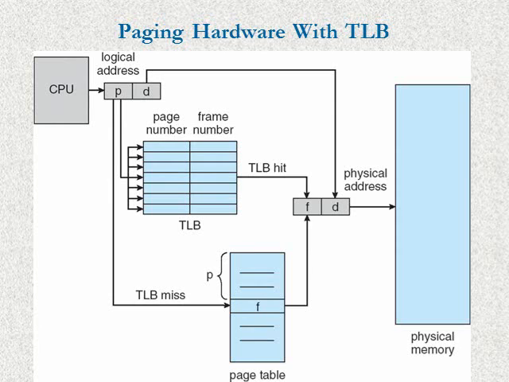So now we have both of these cases. In the form of TLB hit, we will get an additional advantage, and in the case of TLB miss, we have some drawbacks, or some lapse or wastage of time.